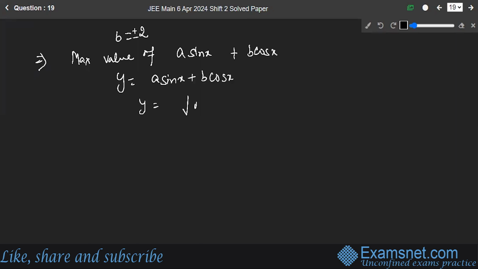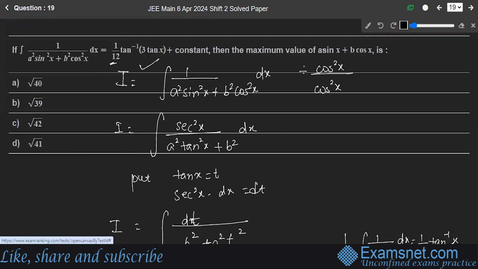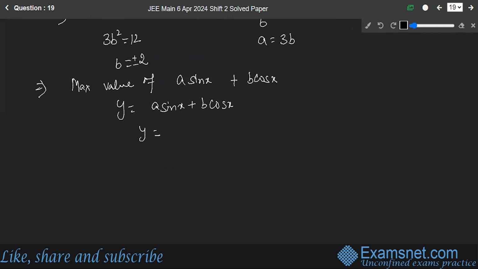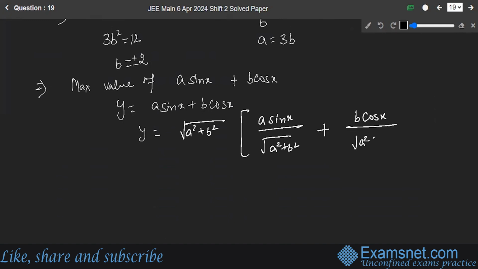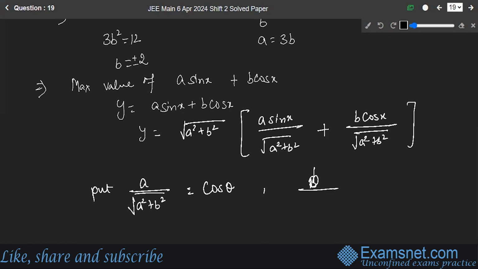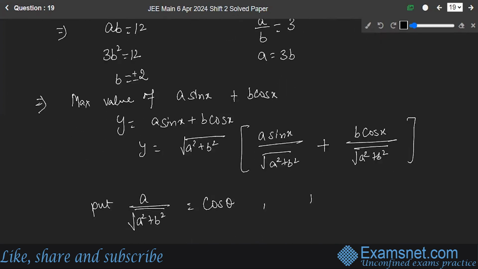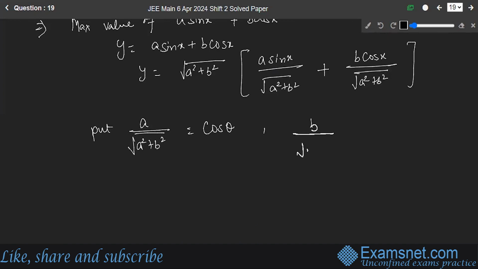So I can write down this y like root of a square plus b square into a sin x upon this, plus b cos x upon this, right? So let's put a upon root of a square plus b square as cos theta, and b upon root of a square plus b square as sin theta.